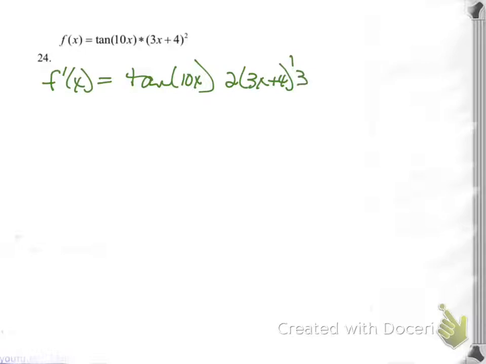So I've done left d right, plus right, 3x plus 4 squared, d left. That's going to be secant squared 10x times 10. So I'm going to bring the 10 in here.